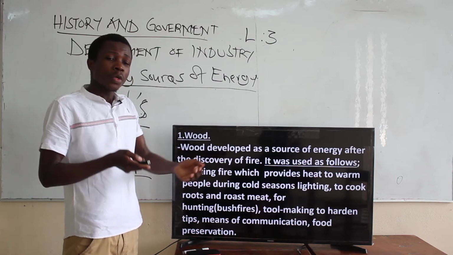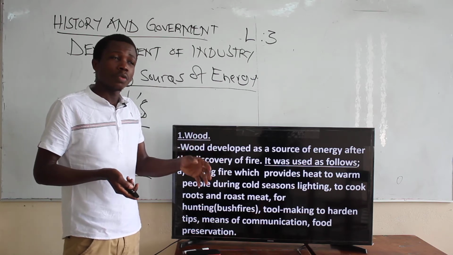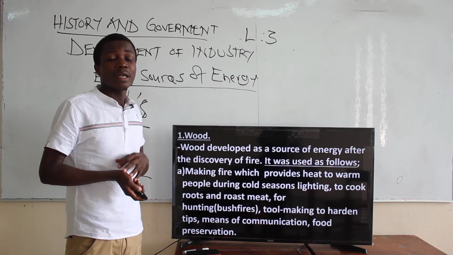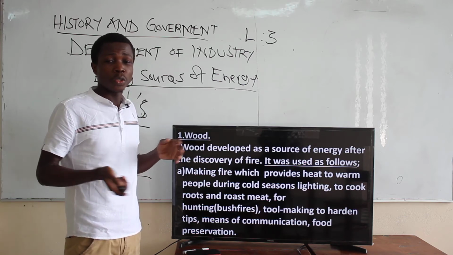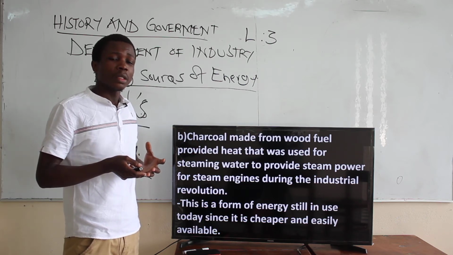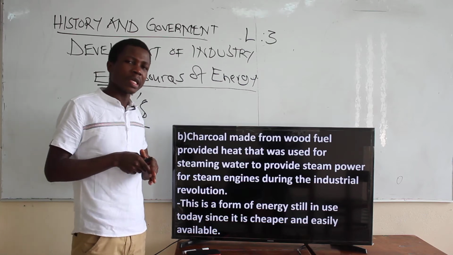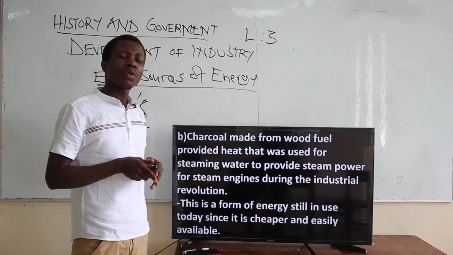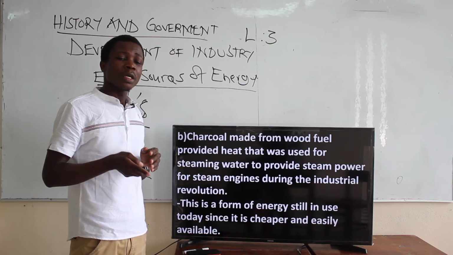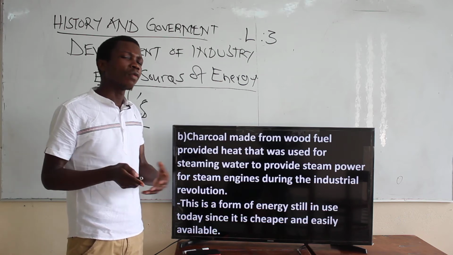You see? So fire was being obtained from the wood. It was wood that was used to come up with the fire, lighting a fire with the wood. Charcoal made from wood was also a fuel, providing heat that was used for steaming water. Steaming water was a source of energy, because that steam provided power to the steam engines during the Industrial Revolution.